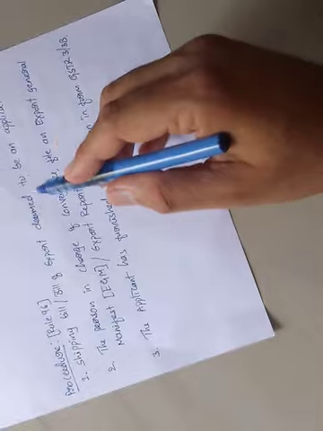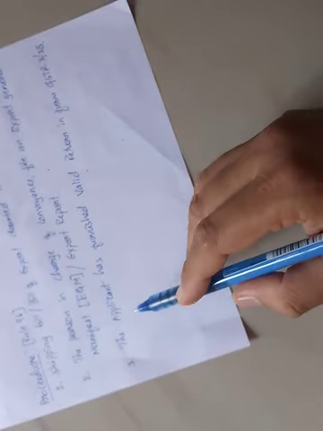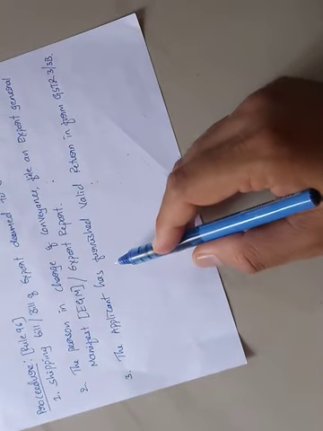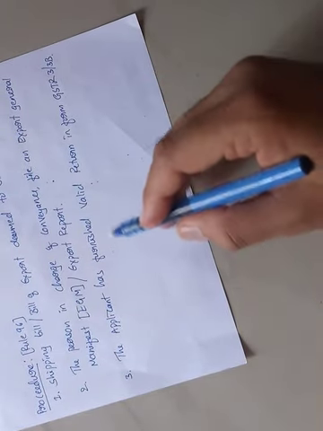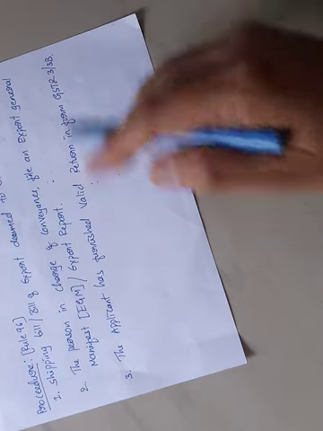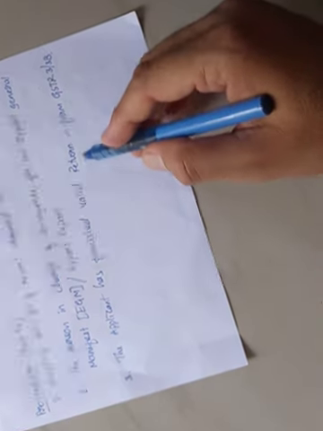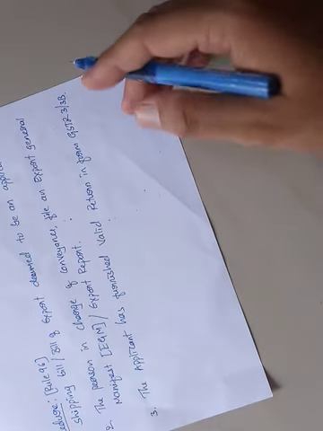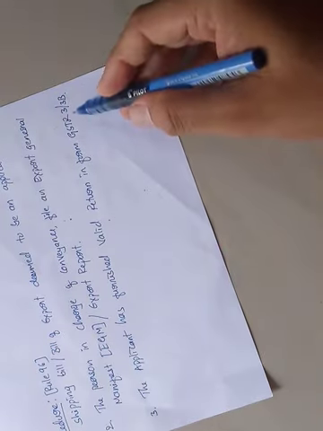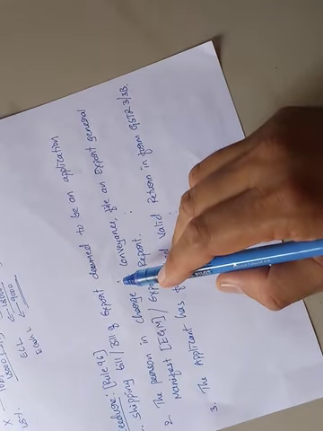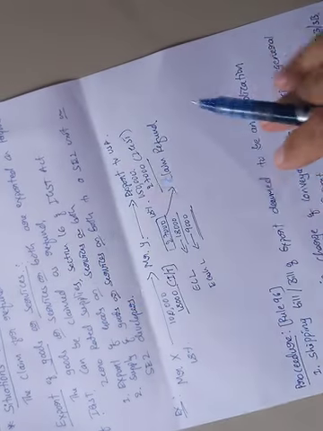Then only he can claim refund. And the applicant has to furnish a valid return in form GSTR 3 or 3B. That means he has already filed GSTR 3 or 3B. Then only he can claim refund of IGST paid on export of goods or services.